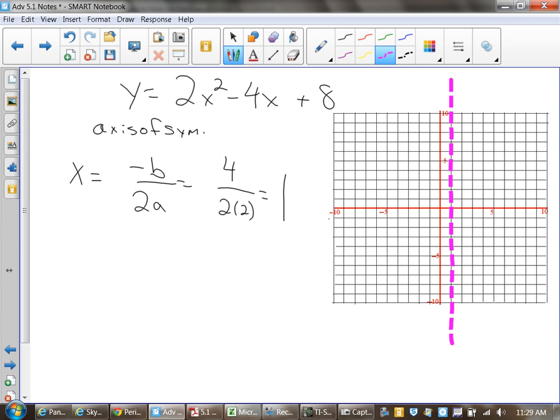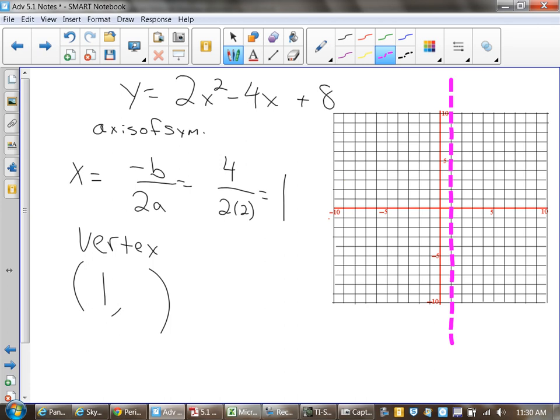Now, the other thing about quadratics is that your vertex will always lie on the axis of symmetry. So my x coordinate for my vertex is the axis of symmetry. Well, what's your axis of symmetry? 1.